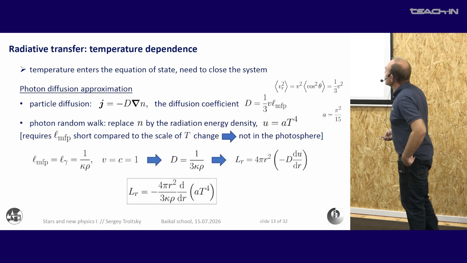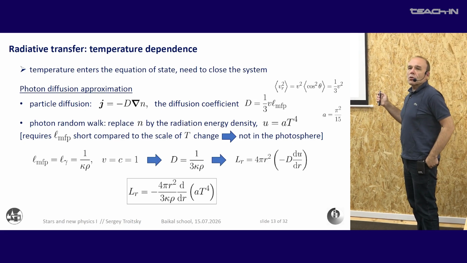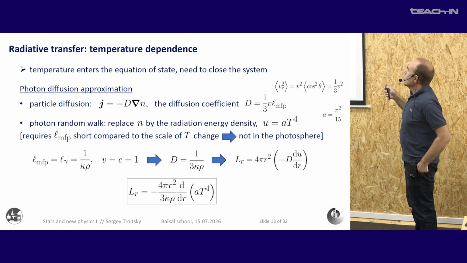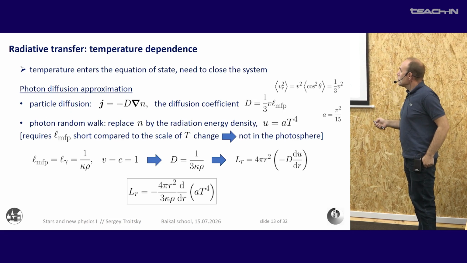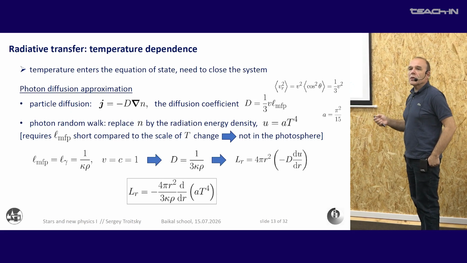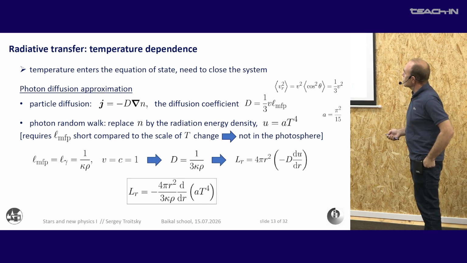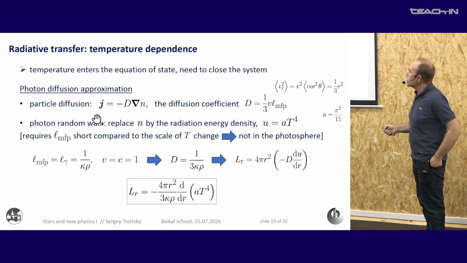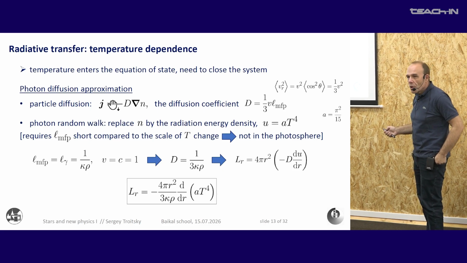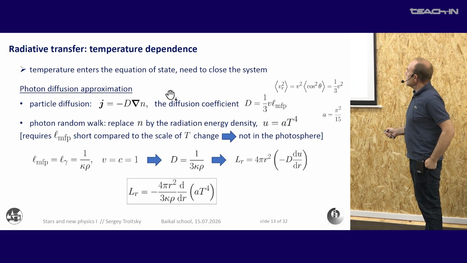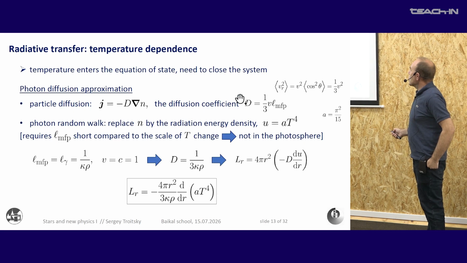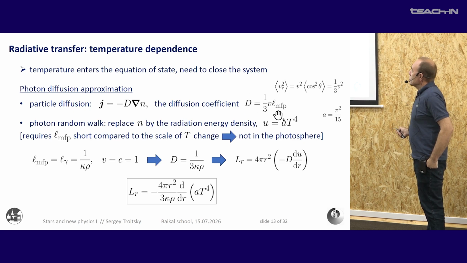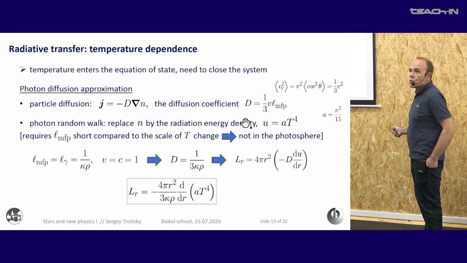I promised to substitute radiative transfer by photon diffusion. And photon diffusion I will describe, following some textbooks, as a particle diffusion, which is of course incorrect, but still. For particles we can have a diffusion coefficient, which is determined in a very simple way by velocity times mean free path.